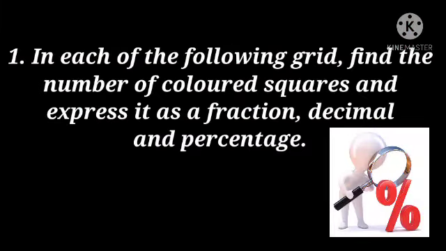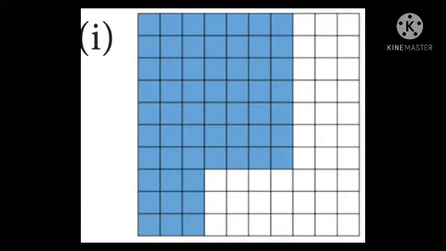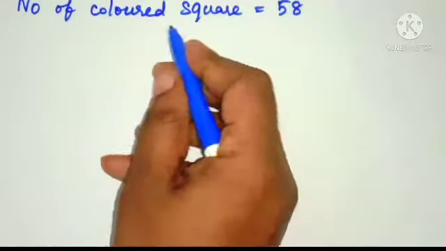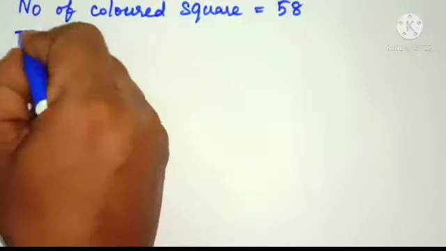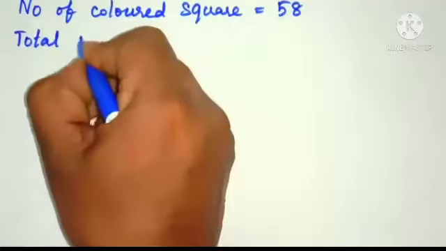First problem. In each of the following grids, find the number of colored squares and express it as a fraction, decimal and percentage. Children, see the grid. The number of colored squares is 58 and the total number of squares is 100.